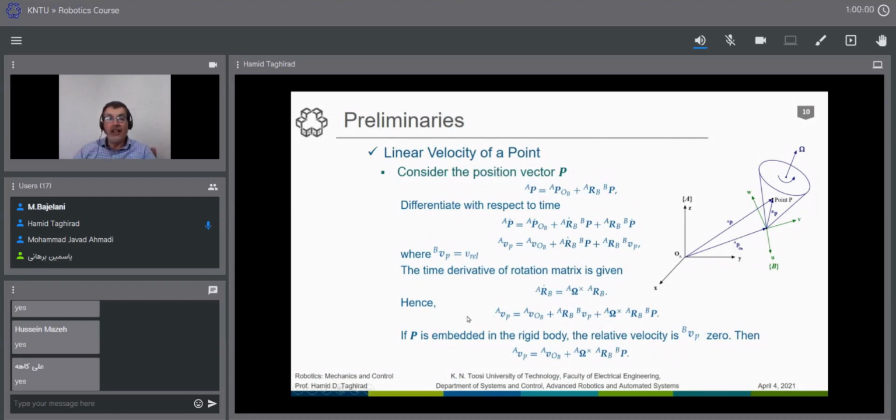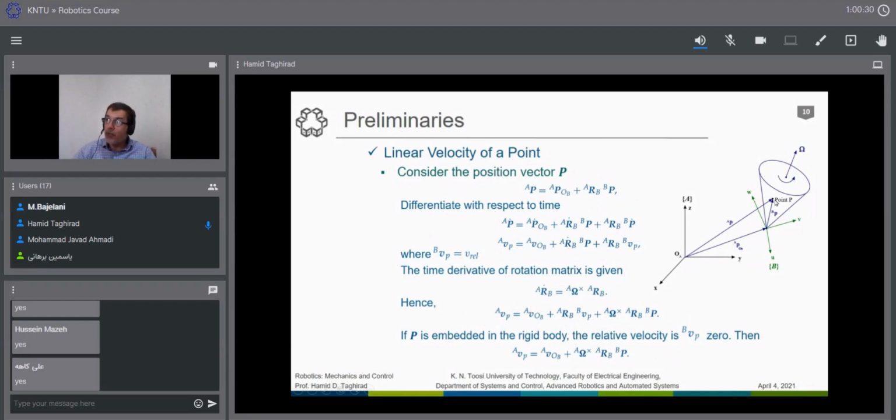We can go from the relative velocity to the absolute velocity with these three terms. This is for a very, very general point in the space, but usually we have this point P embedded in the last link. We have one point P, like a center of mass or the end effector point, within the last link.